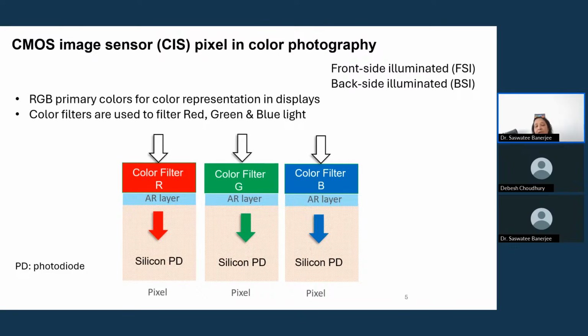Normal color filters are made from pigments or dyes, so they have a broadband transmission response. This is a very important concept when you are designing these things, because this broadband transmission can cause some crosstalk between the different pixels.